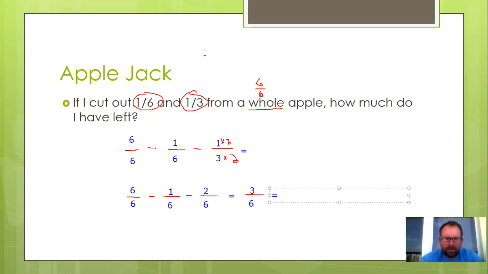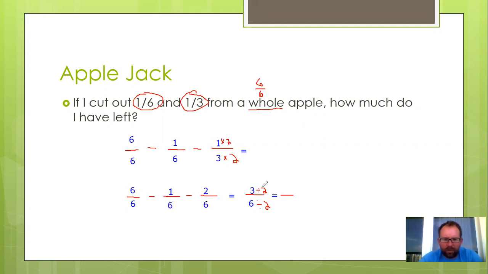All right, so let's do our division real quick. Divide 3 divided by 2. And 6 divided by 2. And we are going to get 3 divided by 2 is 3.